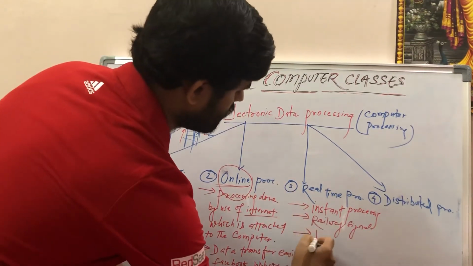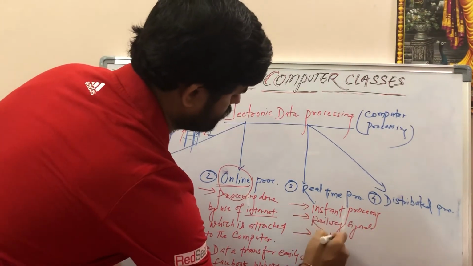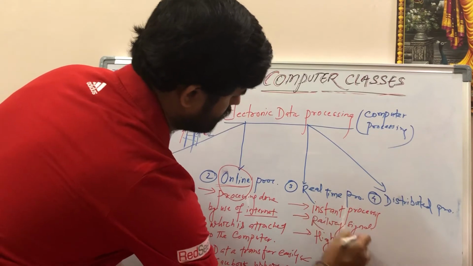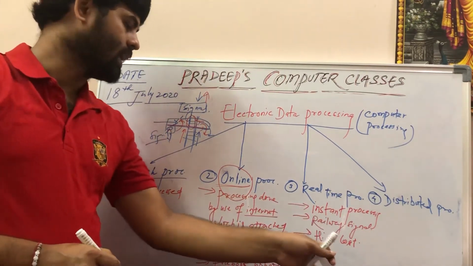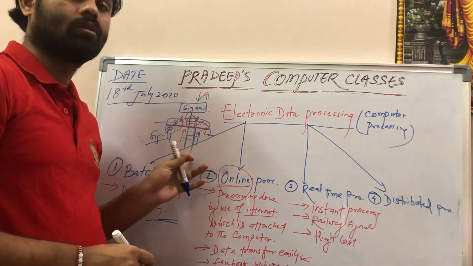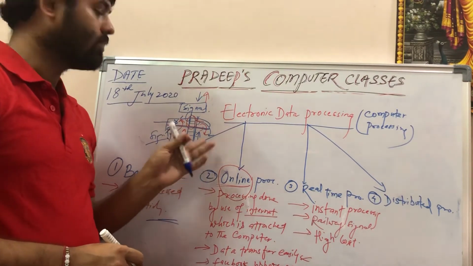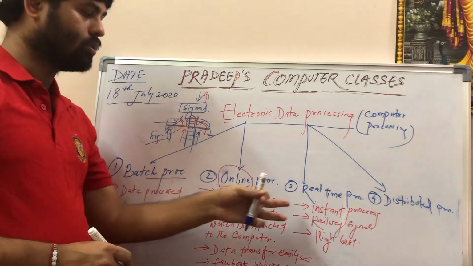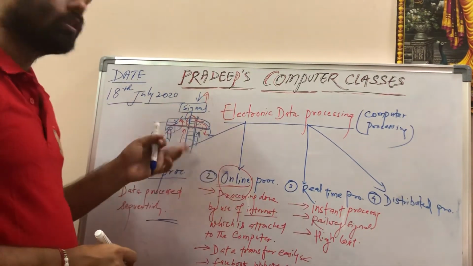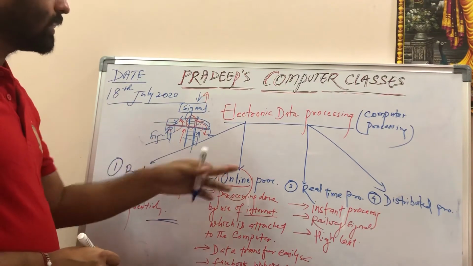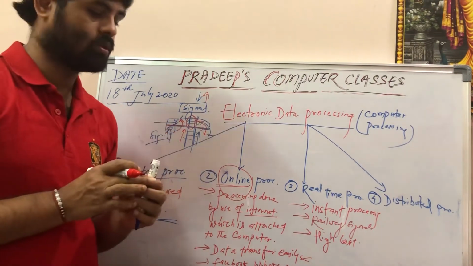Real-time processing will be high cost. You have to keep that in mind, but of course you are paying the high cost, but you are saving the lives of many people. So you do not have to think only from the cost perspective, you have to think from the life perspective, and that is what a computer's motto is.